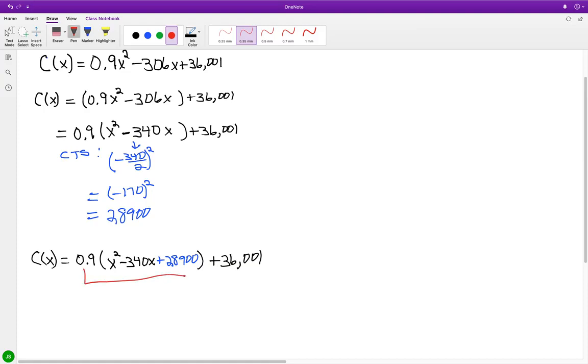Now upon adding 28,900, what I'm actually adding instead is going to be 9/10 of that. So at the front, we have 0.9 times 28,900, which is 26,010. So I'm adding 26,010 at the front, and I'm going to take away the same amount.